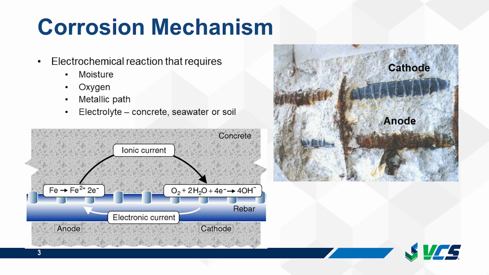I'm not going to bore you with the chemistry, but in a corrosion reaction, you have an anode and a cathode. The anode is where corrosion is formed. You have the formation of rust, and there is no corrosion, no section loss occurring at the cathode. But to have a corrosion reaction, you have to have both an anode and a cathode.